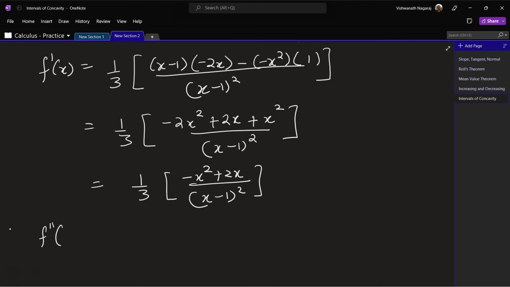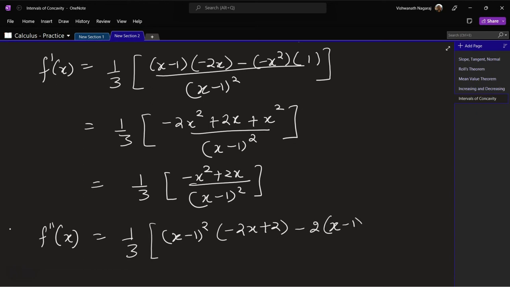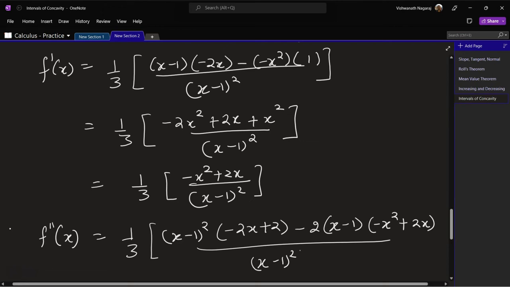Let's go for the second derivative. So f double prime of x will be 1 by 3, and now x minus 1 square as it is, and the derivative of the numerator, so minus 2x plus 2, minus the derivative of the denominator times 1, and then the numerator as it is, so minus x square plus 2x, divided by x minus 1 square square.